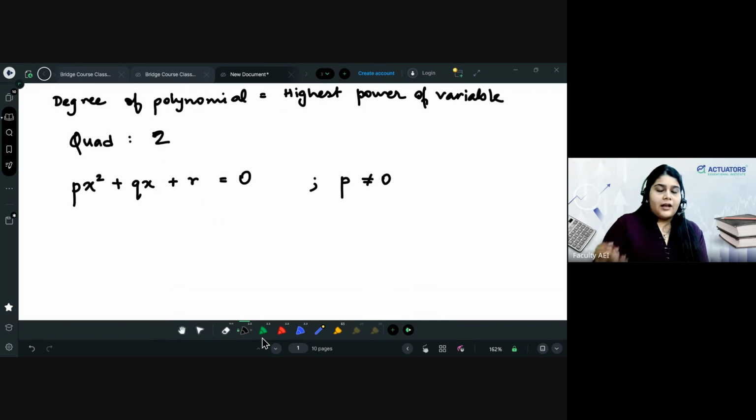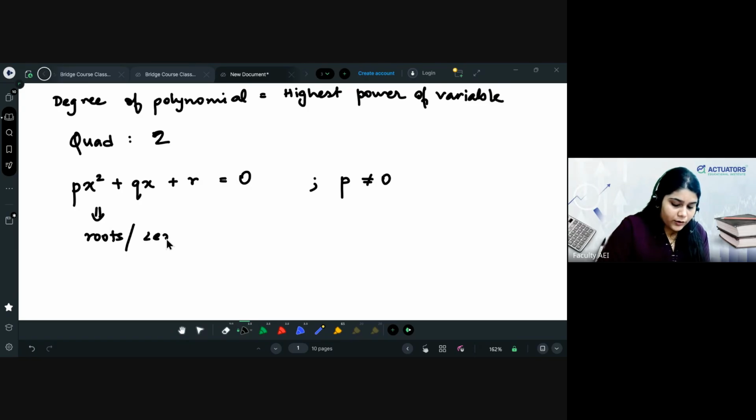Now we know कि whatever is the degree, we will get those many values of x, right? तो यहाँ पे degree is 2. So when we are solving a quadratic equation, we are supposed to get two solutions to the value of x. What are those solutions called? They are called roots of the equation, roots of the quadratic, or zeros of the quadratic.